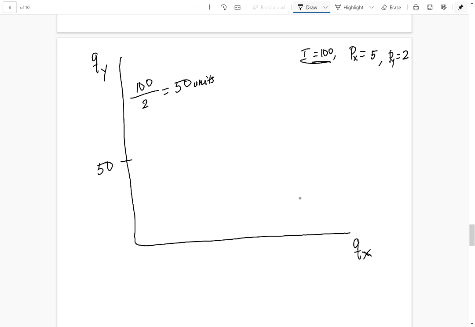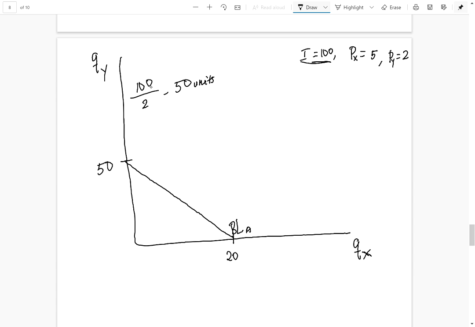If income is 100 and she spends all of it on good X and the price of good X is $5, then she can afford 20 units. Now that we have our intercepts, we can connect these two points to draw our first budget line. This is budget line A.